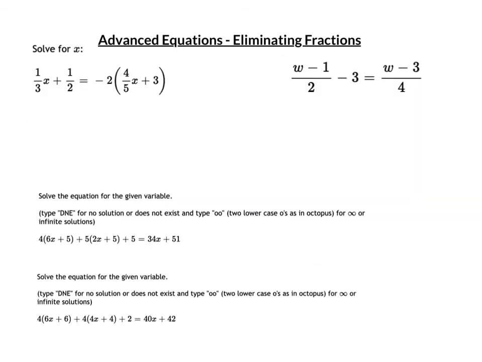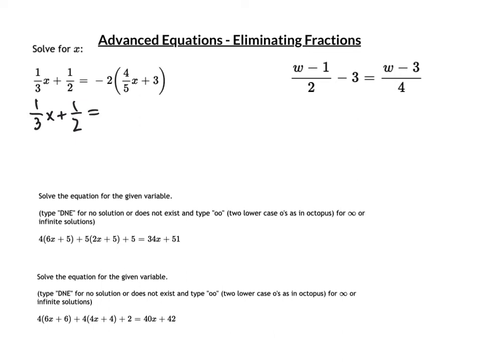Last few examples, some more fractions and things to point out here. And at the bottom, we're going to talk about what makes a no solution and what makes infinite solutions. So quickly here, first thing I want to do on this question is distribute. You don't want to try to get rid of fractions until you distribute.